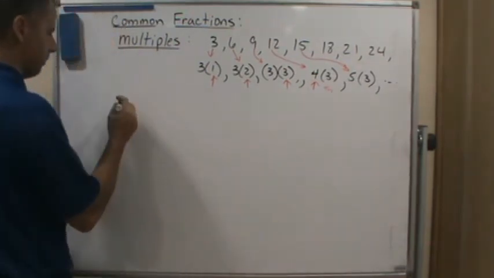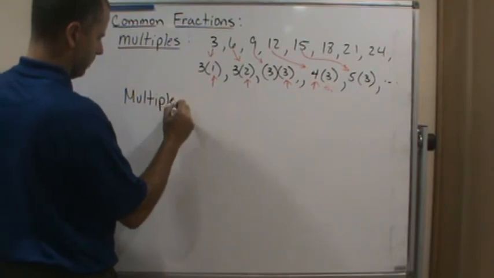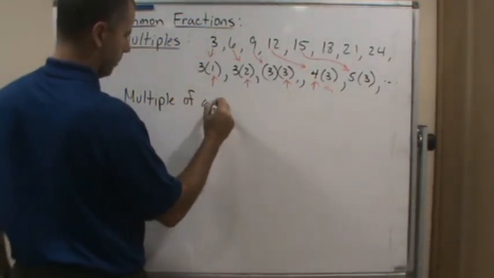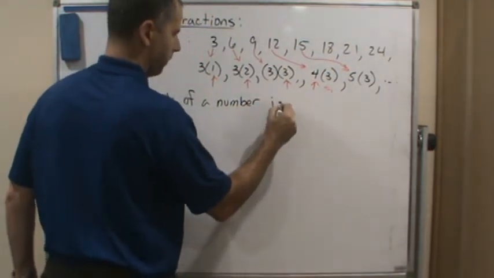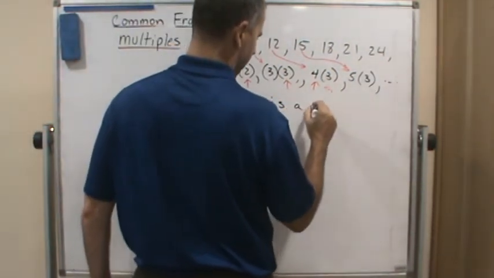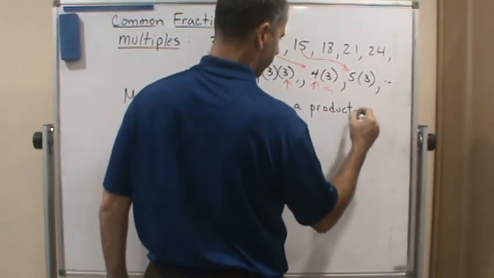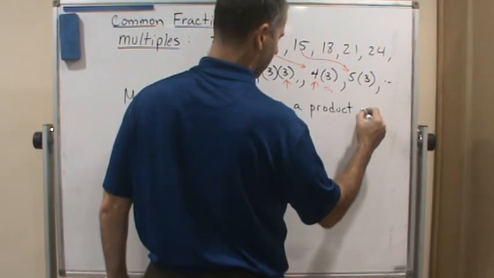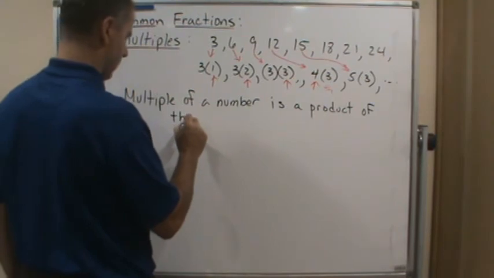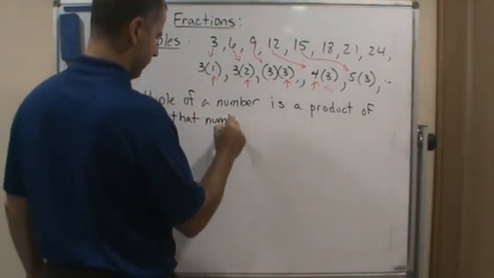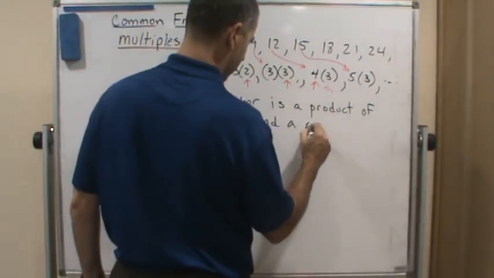Let me write that down. A multiple of a number is a product of that number and a natural number.